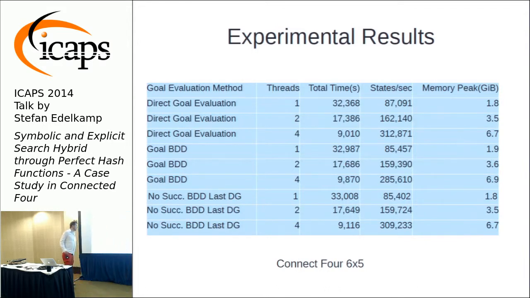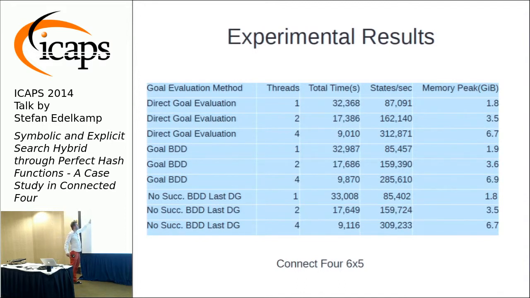I think it's 6 times 5, so it's a smaller one. But still, you see, there is a speed up in doing parallelism. But because of the CUDD problem, we have some increase in space. Usually it shouldn't be that big. But still, if you would do it explicitly, then you would probably need more space.